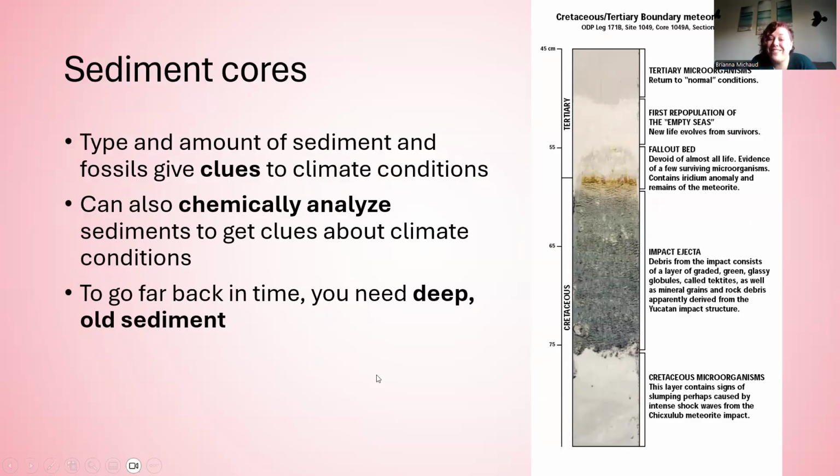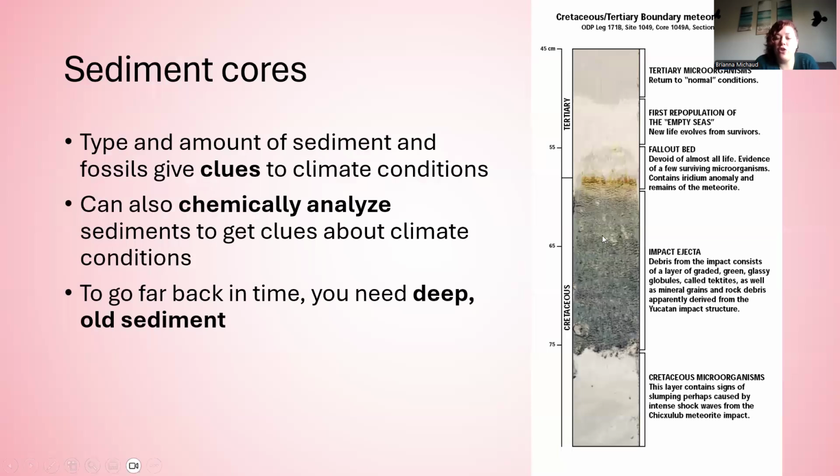If you're going deeper, you're going further back in time. So one of the ways we do this is with sediment cores. We'll actually do this when we look for sand crabs, although at a much smaller scale. It's almost like taking a straw and sticking it into the ground, and then you pull it out and you get this big tube of sediment. And of course, the one that was furthest down would be the oldest. The one that's higher up at the surface would be the newest.